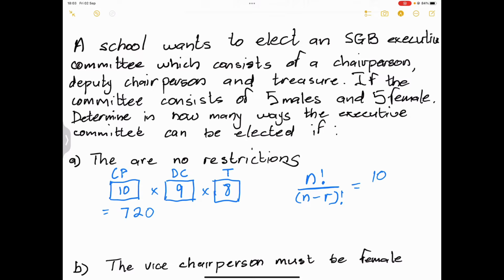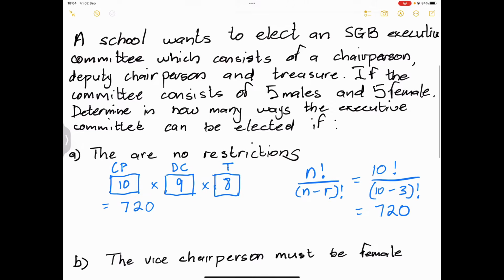We've got 10 individuals, so 10 factorial divided by, in this case, there are 10 people, but we've got only 3 positions available. So that would be 10 factorial divided by 10 minus 3, which is 7 factorial. So you would actually get the same number, which is 720. I hope that makes sense, ladies and gents.